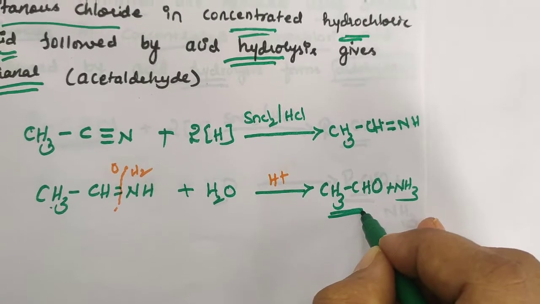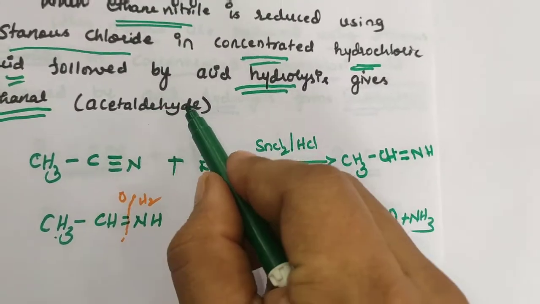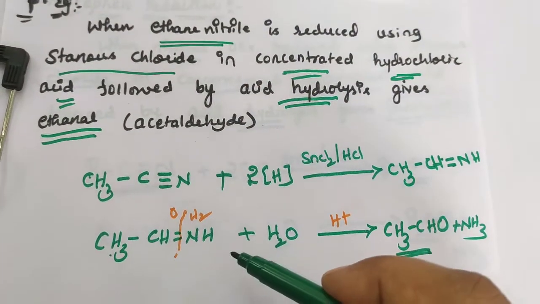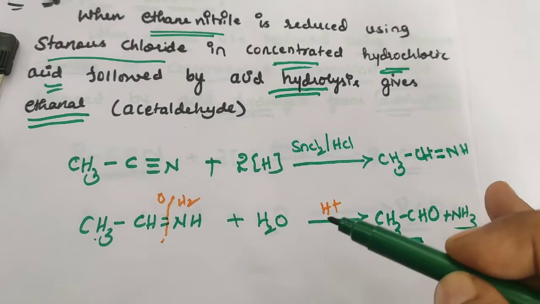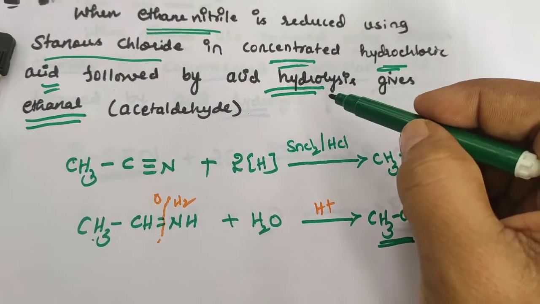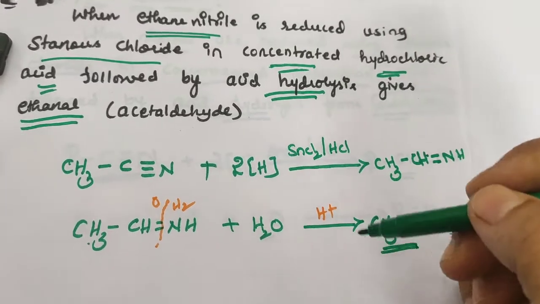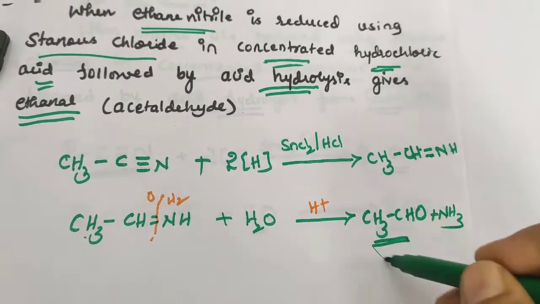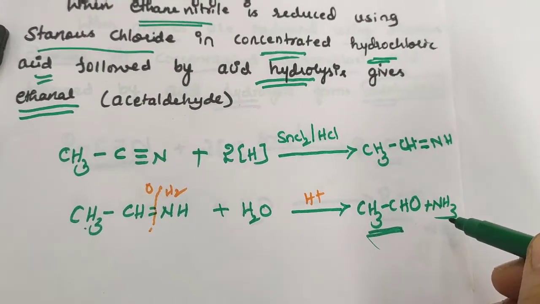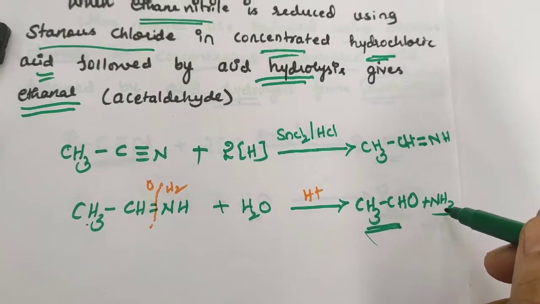This is known as ethanal or acetaldehyde. So we should understand that in the Stephen reaction, the product is an aldehyde, and there is elimination of a molecule known as ammonia.